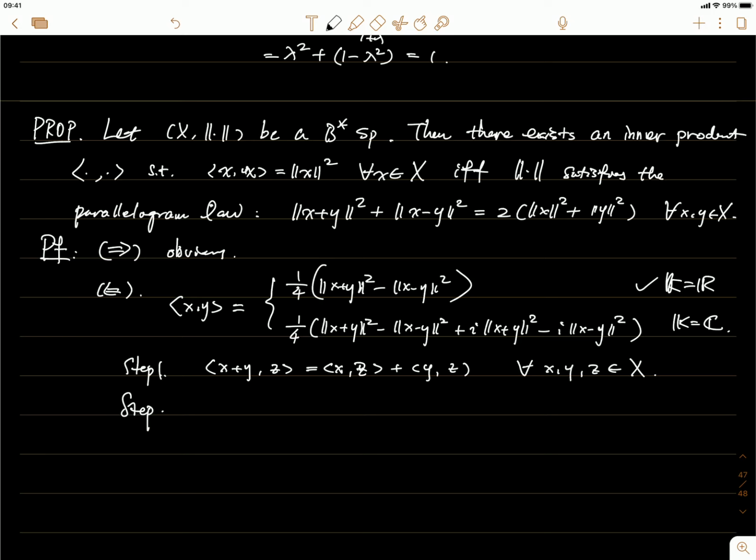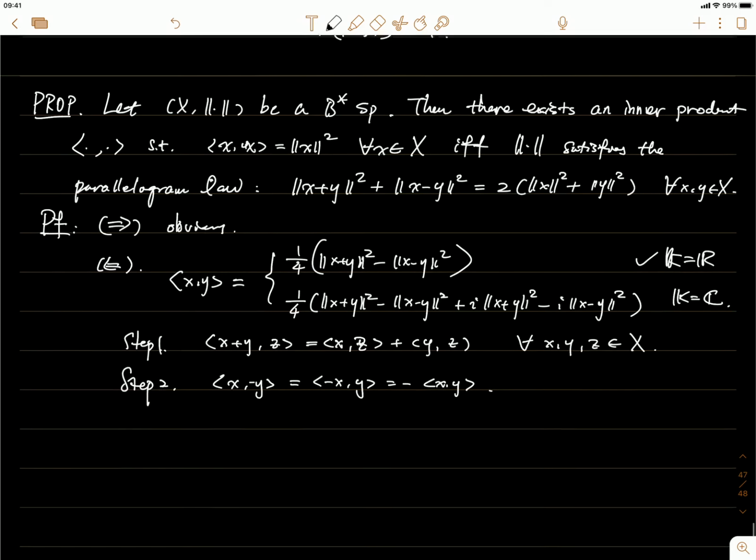Second step, if you can show the first one, then it is easy to show that you have a 2x, for example. For the second step, you can also show that if you have a negative on one of them, then it's the same as you put negative on the other, and it's the same as this. This is relatively easy to show.